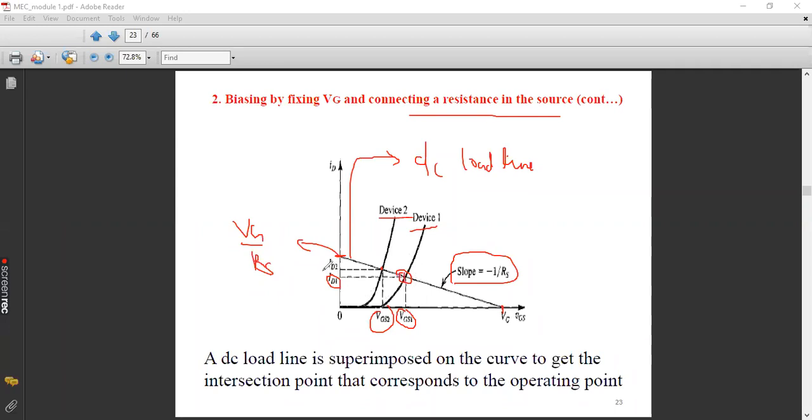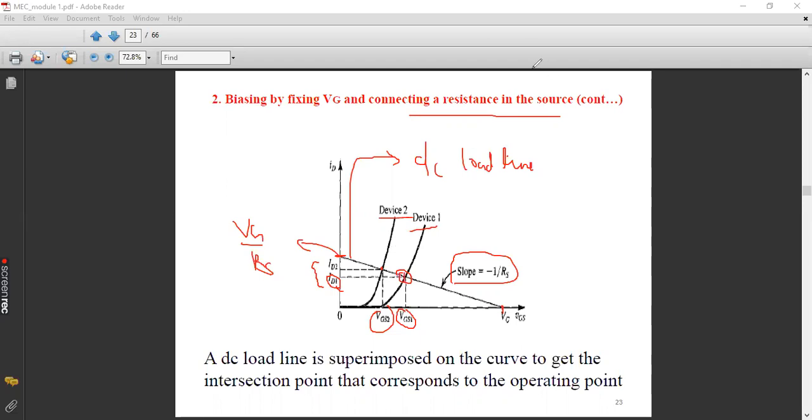And we need to identify the change in drain current, ID1 and ID2, because of some reasons, whatever we have stated earlier. Maybe it is because of the device replacement, maybe because of the temperature variations, all those things.